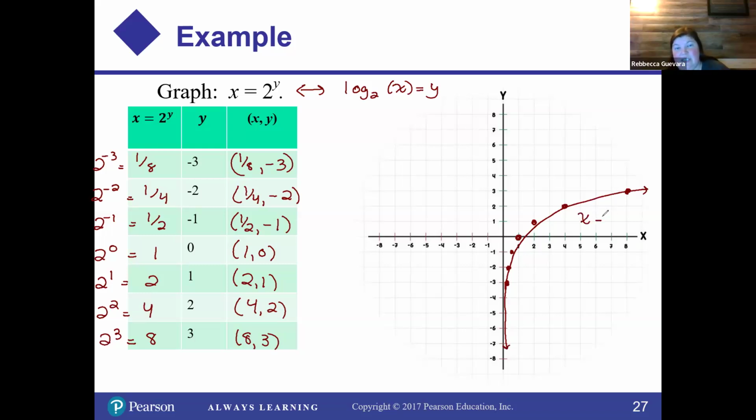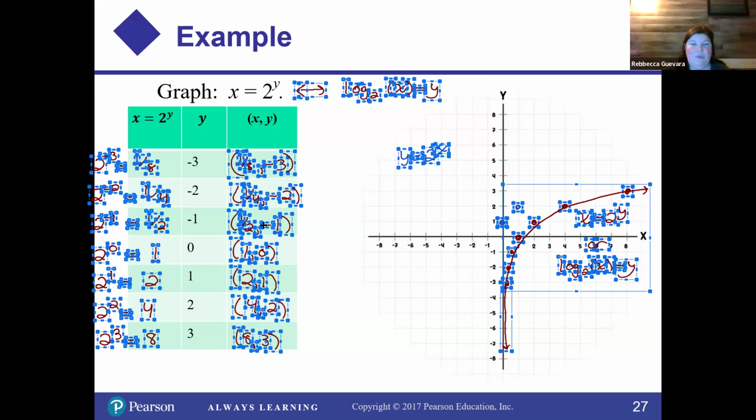So this is x equals 2 to the y, or you could say it is log base 2 of x equals y. This is a reminder, had I just done y equals 2 to the x instead, it would look like this instead. I got one of my points off there.